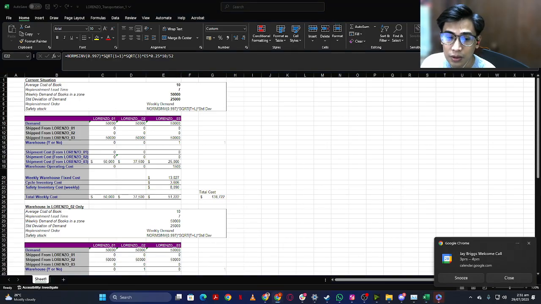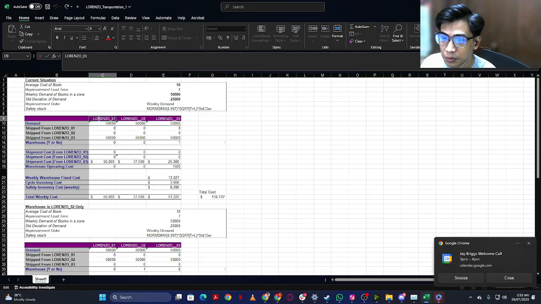To get the total weekly cost per location, we add the shipment cost, warehouse operating cost, warehouse fixed cost, cycle inventory cost, and safety inventory cost. The resulting total weekly costs are the following. From Lorenzo 01, we have 50,000. Lorenzo 02, we have 37,500. And then Lorenzo 03 should be 51,222.